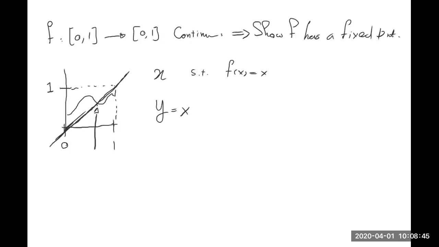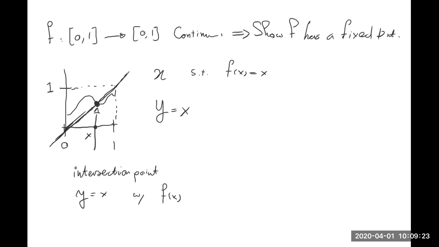There would be an intersection point, where the line y equals x has an intersection with our graph, the function f of x. See, that's the point here. I claim the x here is the x which we're looking for.